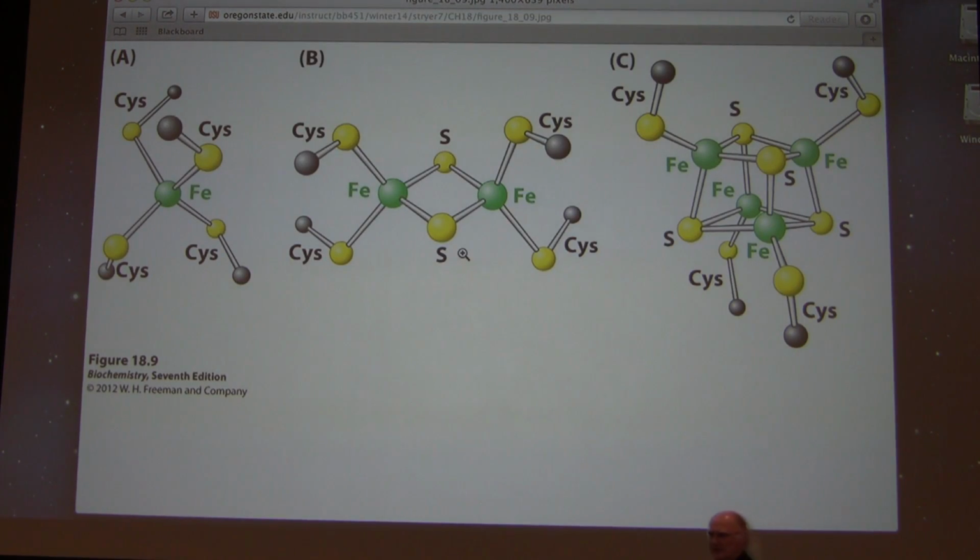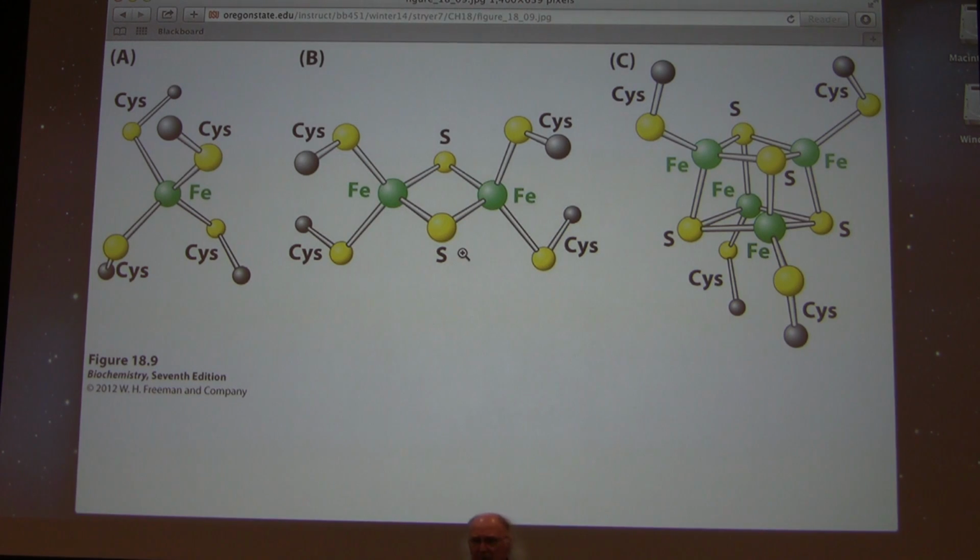Complex 1 also contains what are called iron-sulfur complexes. And iron-sulfur complexes can come in quite a wide variety of forms. You can see some variety up here. And we remember that iron can exist in 2 different oxidative states. Iron can exist in the +2 form, which is the relatively reduced form, and the +3 form, which is the relatively oxidized form.